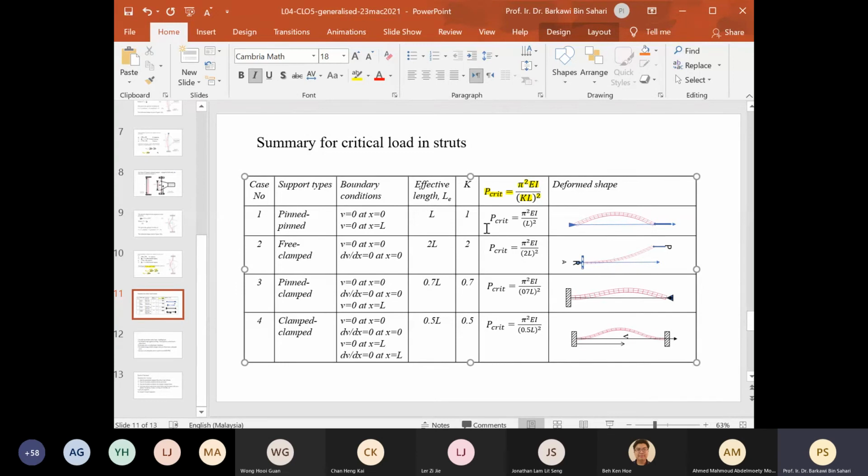So the effective length for pin-pin is L, clamp-free is 2L, pin-clamp is 0.7L, and clamp-clamp is 0.5L. Put that in the equation, then you get the critical load value.